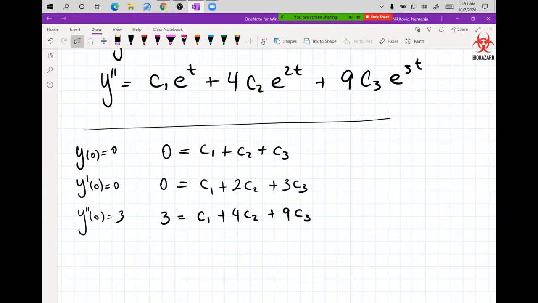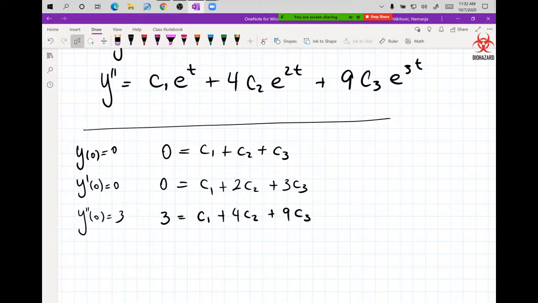So we have a matrix that is supposed to be 3 by 4. So 3 by 4 matrix, let's go. 1, 1, 1, 0. 1, 2, 3, 0.